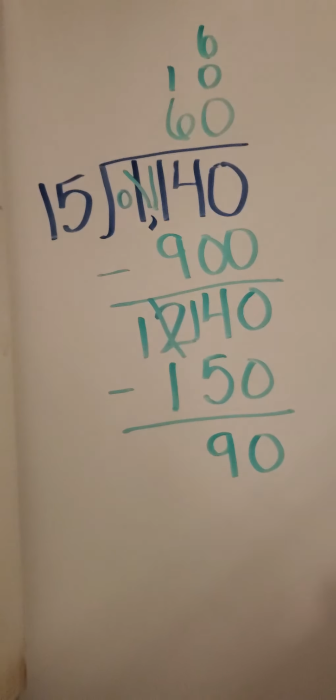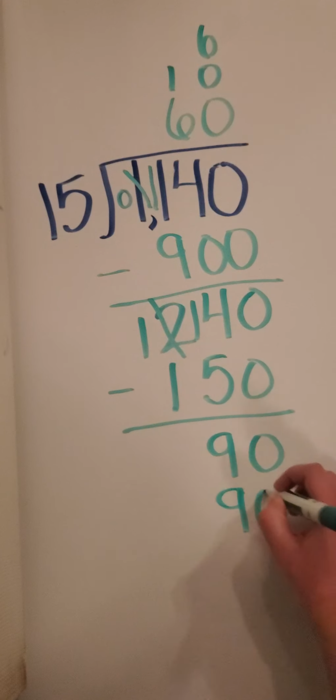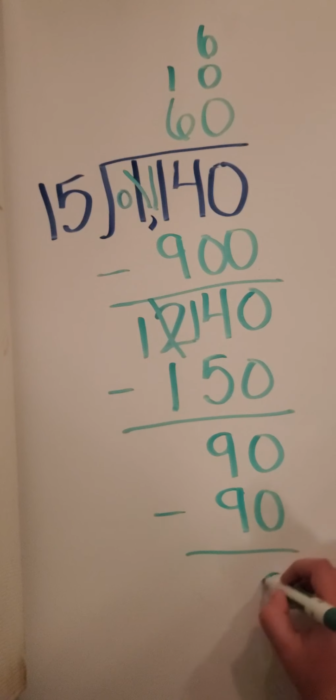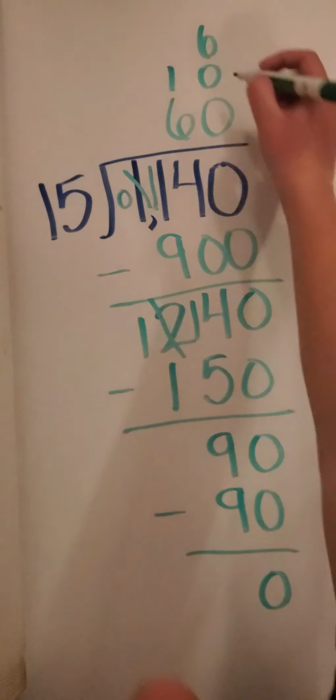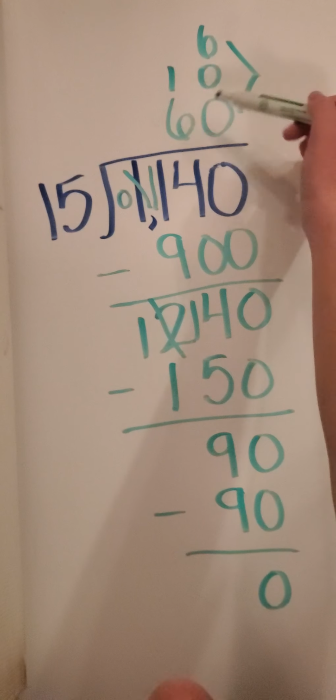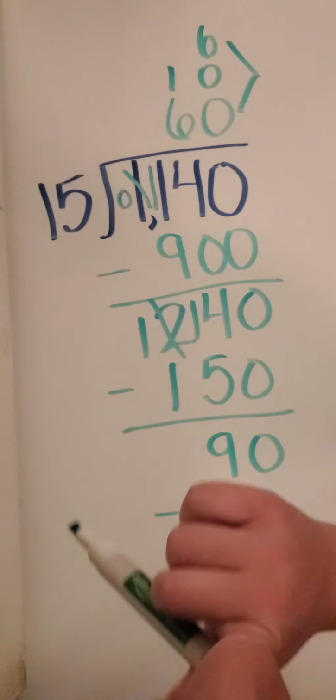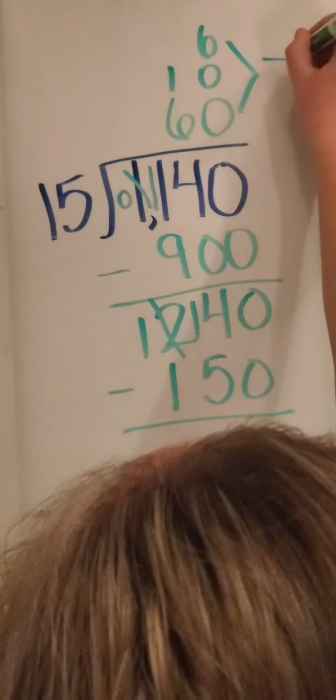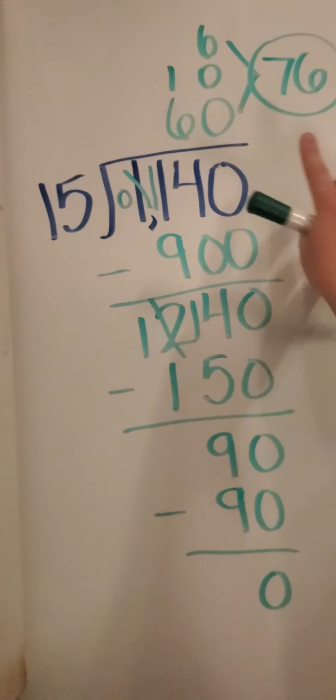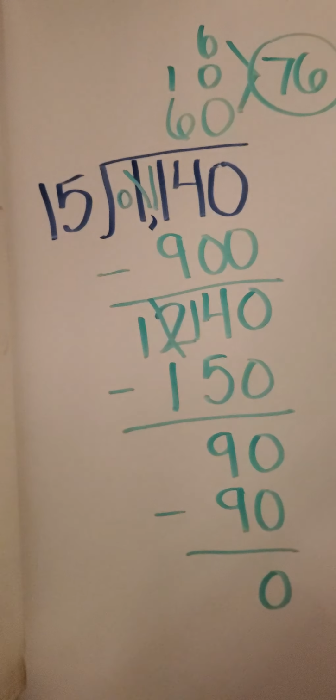It can just come up there and be a 6. All right, 15 times 6 is 90. Subtract, that equals 0. So if we come up here, and if I add 60 plus 10, I get 70. 70 plus 6 is 76. All right, that is my quotient, but remember we need to double check.